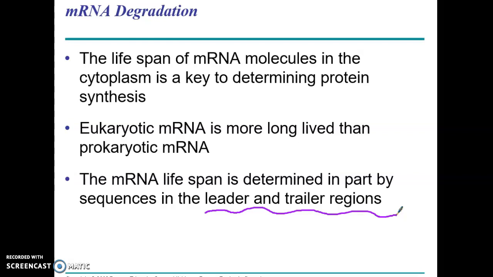If the poly A tail is very short, the cell will only translate that a few times, and we will have less protein product produced from translation. So that is another area that the cell can control its gene expression. Again, it's not turning a gene on or turning a gene off. It's just able to regulate how much protein product is produced through translation.